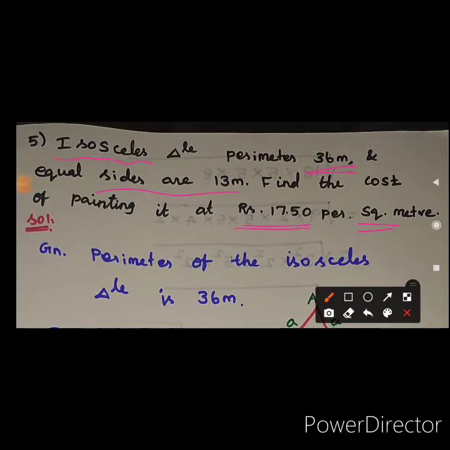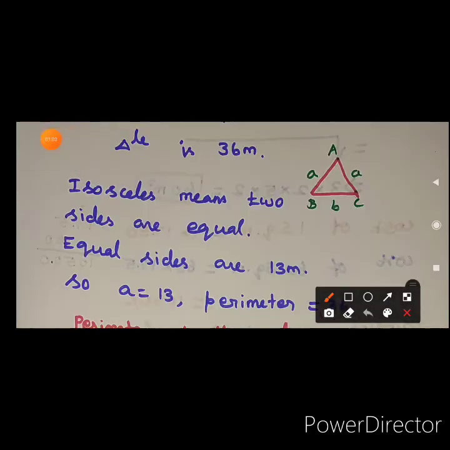Solution. Given perimeter of the isosceles triangle is 36 meter. What is the meaning of isosceles triangle? In an isosceles triangle two sides are equal. For example, A to B and A to C are 10 centimeter.